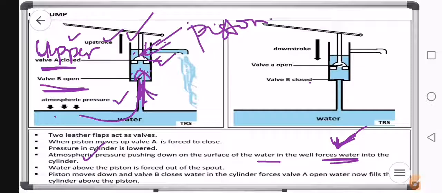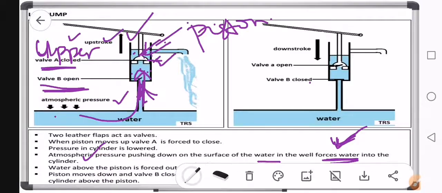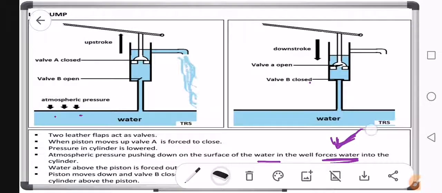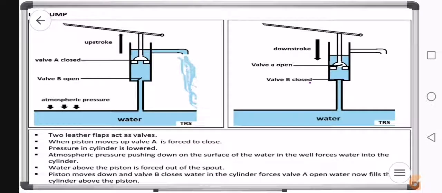Let's go to the operation of the lift pump during downstroke. This is the explanation for upstroke. Okay? I hope you are assisted. So if a question comes and asks you to describe the operation of a lift pump, how are you going to explain that? You are going to say during the upstroke, the upper valve closes to avoid backflow of water into the cylinder below the piston.